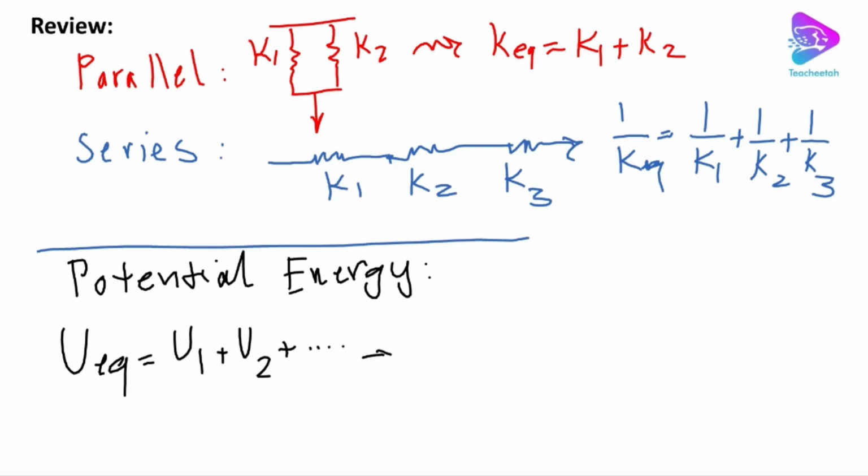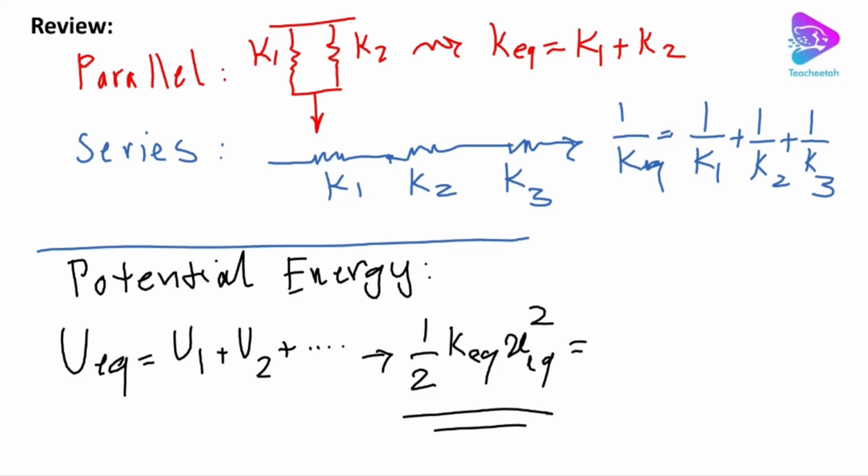So it means that we can have 1 over 2 K equivalent X equivalent squared. As you know, this is the potential energy for a spring. 1 over 2 k x squared is equal to 1 over 2 K1 x1 squared plus 1 over 2 K2 x2 squared, and so on, right?